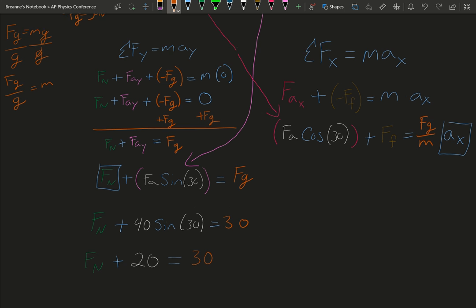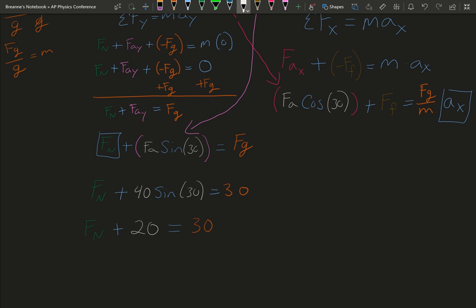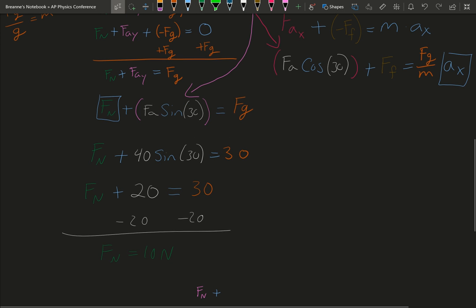Equals 30. And then we're going to bring our 20 over. And we get that our force of normal equals 10 newtons. So if you notice, if I had left that at 20, we wouldn't have a force of normal.